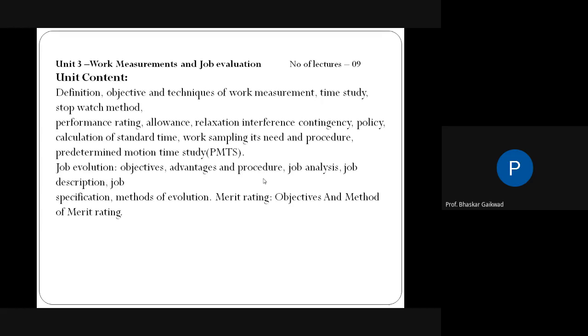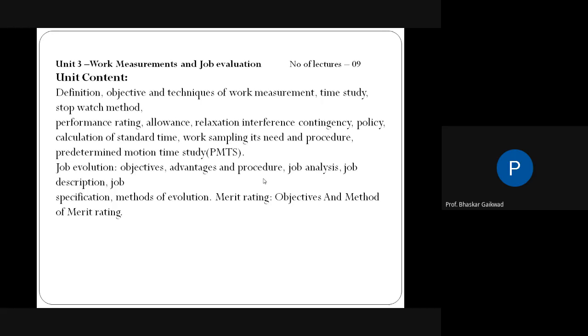Wages means amount, per day amount, how much amount we have to give to that worker. It comes under merit rating. So merit rating decides the wage system for workers, job evaluation the worth of a job, and work measurement decides the standard time. So standard time, worth, and wages. So three words you have to remember related to the chapters.